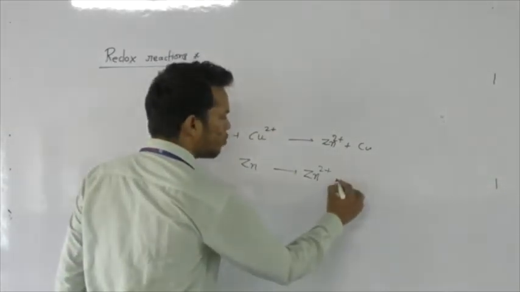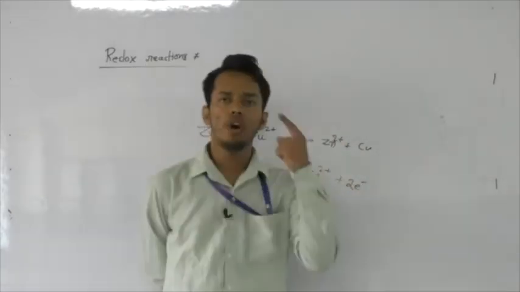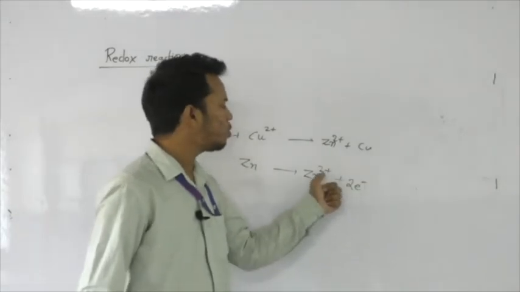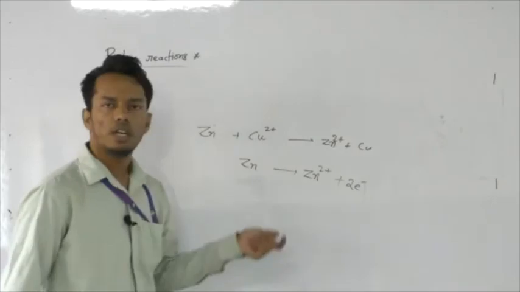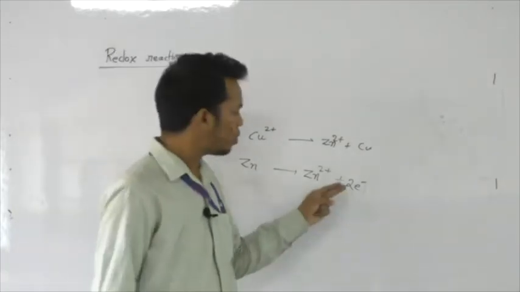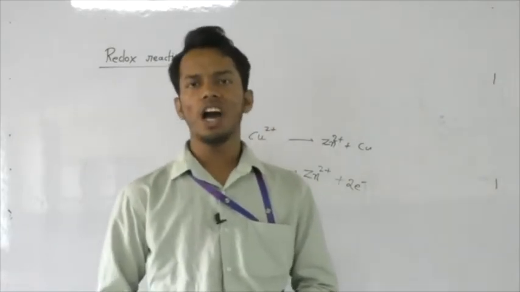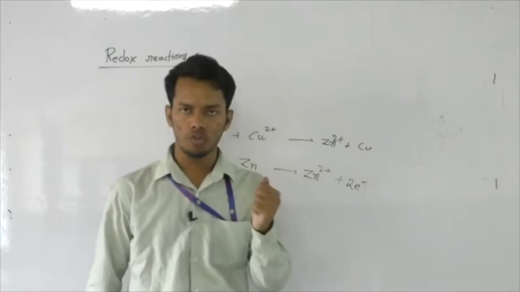Here 2 plus charge, so we can add 2 minus charge. Electron means minus 1, so 2 electrons give 2 minus charge, and 2 plus plus 2 minus is 0. So this is a balanced half reaction. Why half reaction? Because there is involvement of electron. So how to balance any half reaction, any half reaction when there is involvement of electrons?